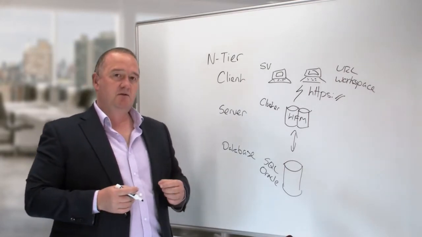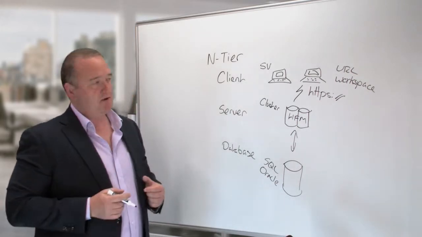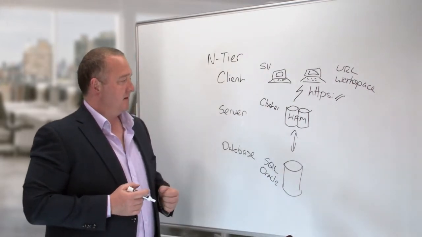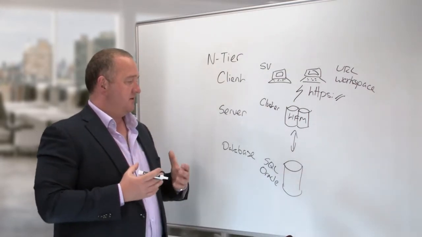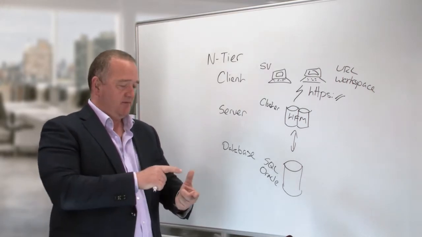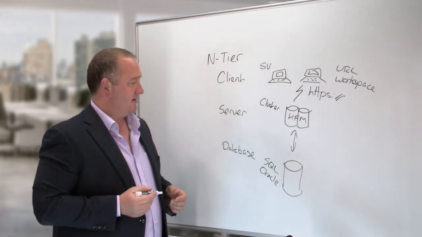Later in the course, we'll look at how HFM stores data using subcubes. So whenever anyone logs in, it stores the subcube of data in memory, and that subcube is made up of the scenario, year, the period, and the entity.